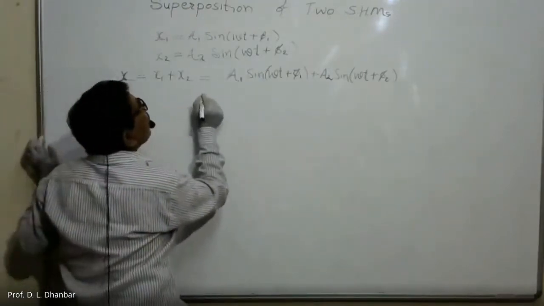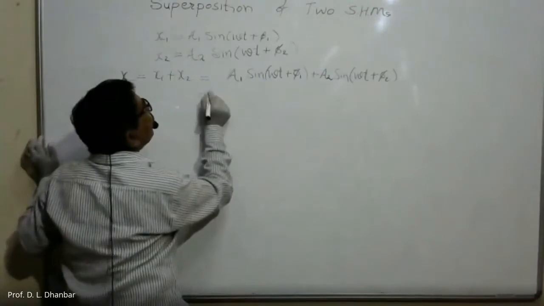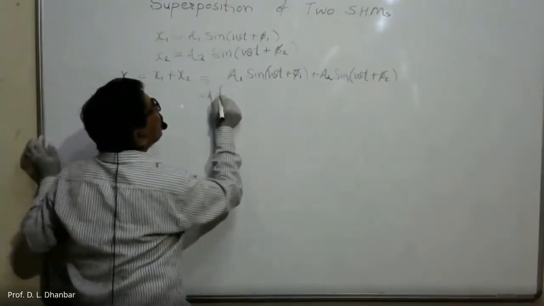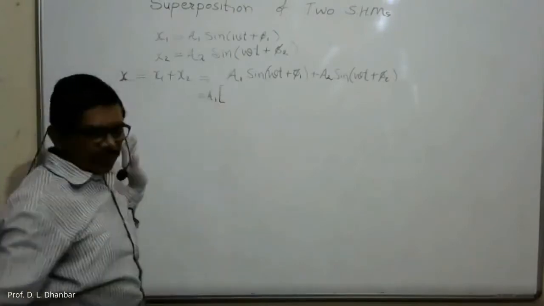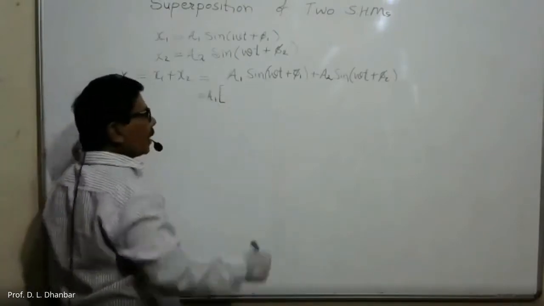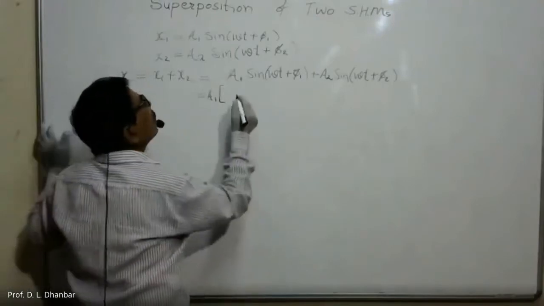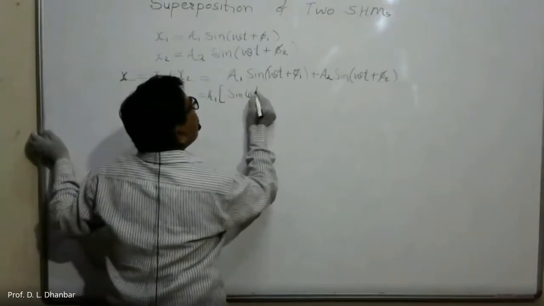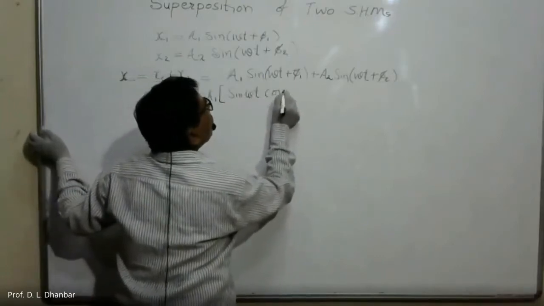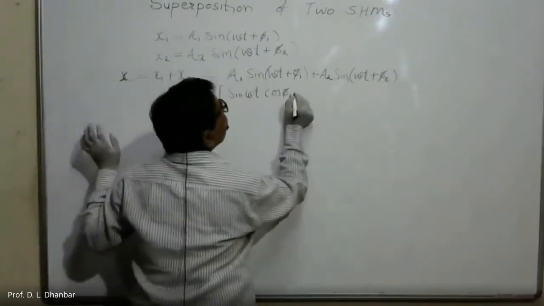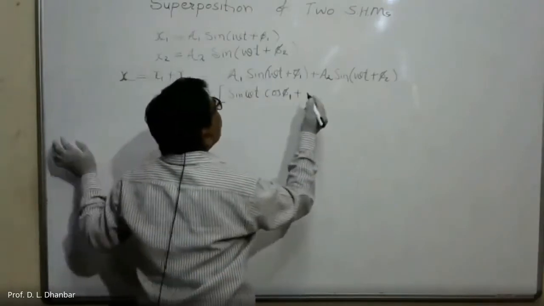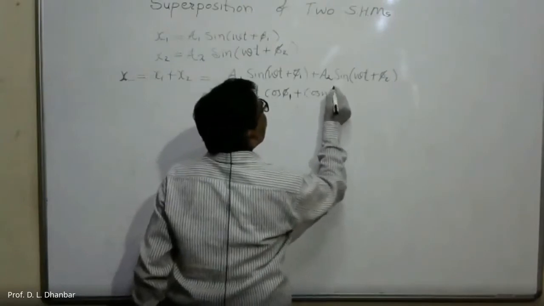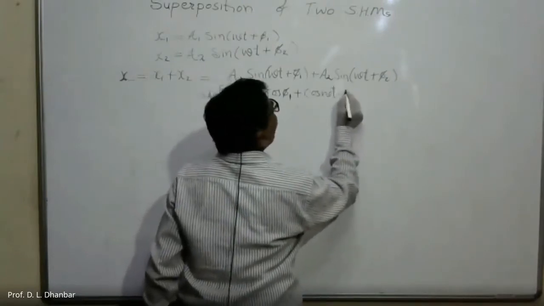What is that? It is equal to a1 into the expansion of the first term: sine of omega t plus phi 1 is equal to sine omega t cos of phi 1 plus cos omega t sine of phi 1.